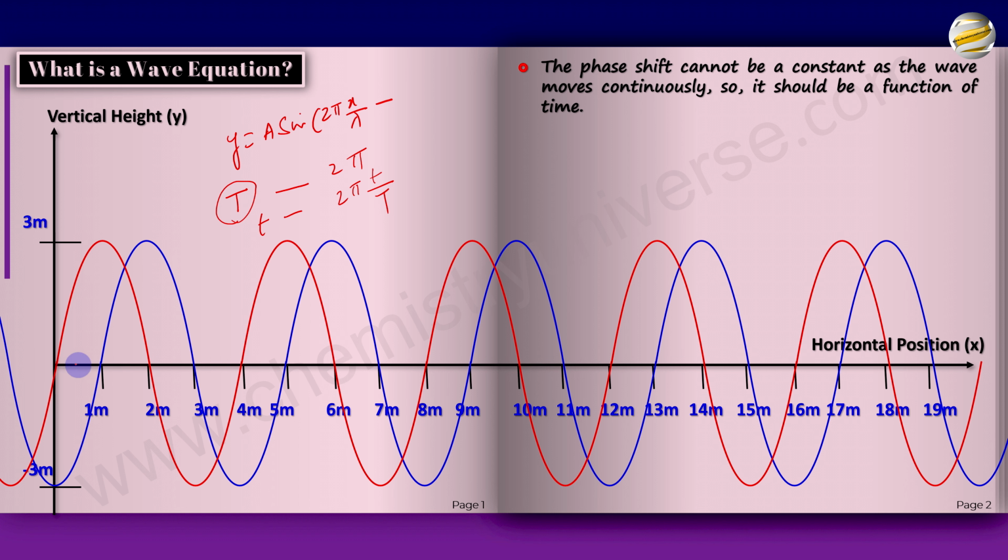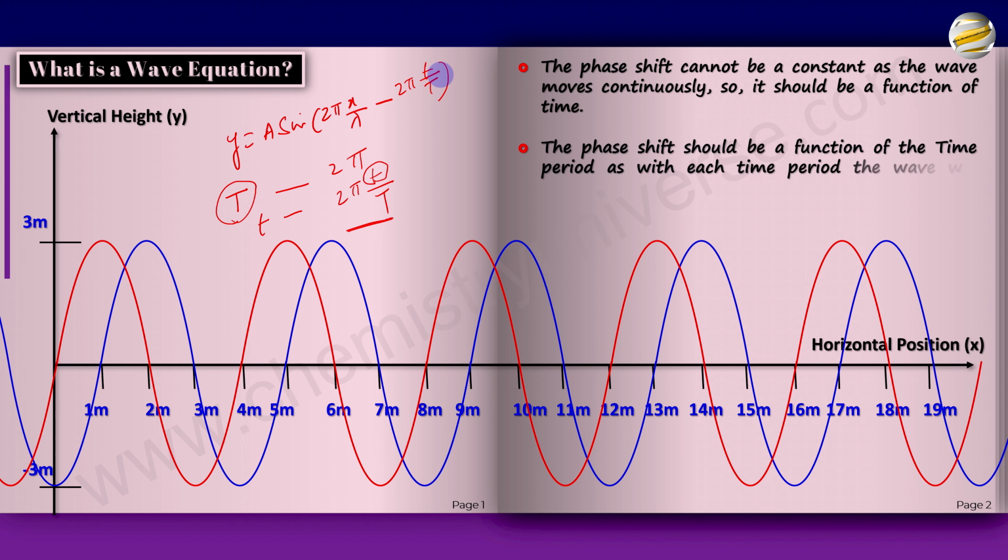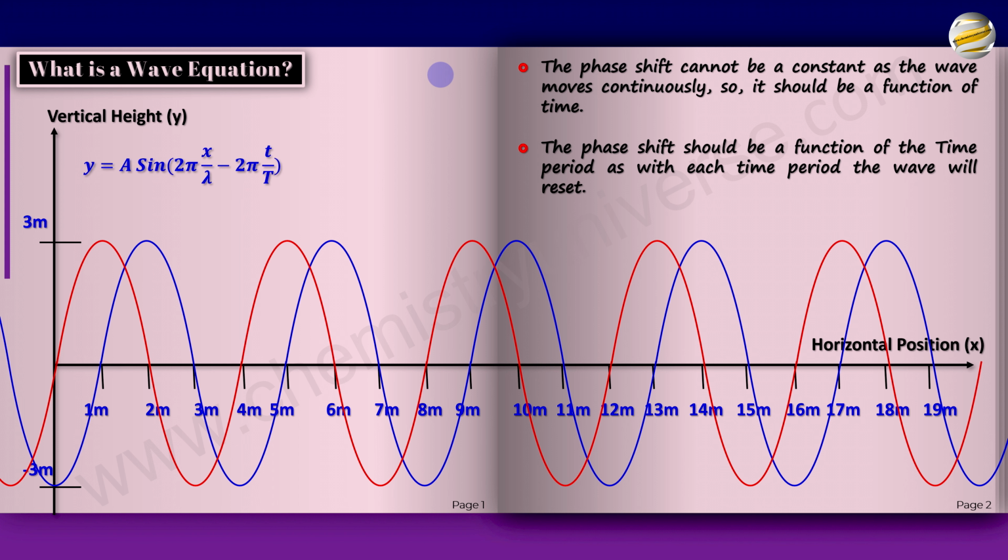So if it moves through t time, it must have gone through an angle of 2 pi t by T, which means what I need to subtract here is 2 pi small t by big T, which means the phase shift should be a function of time period. And what should that be? It should be y equals A sine 2 pi x over lambda minus 2 pi t over T.